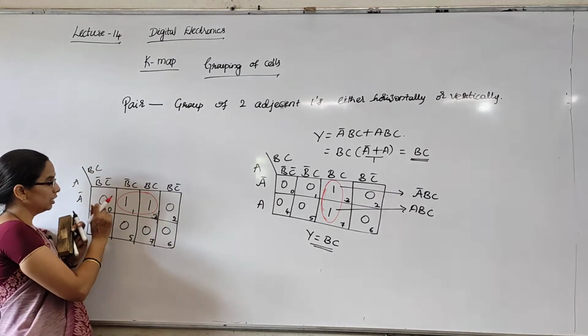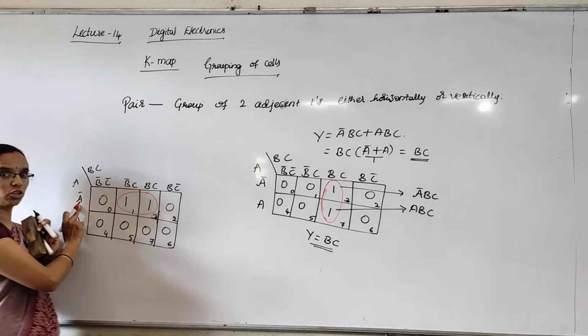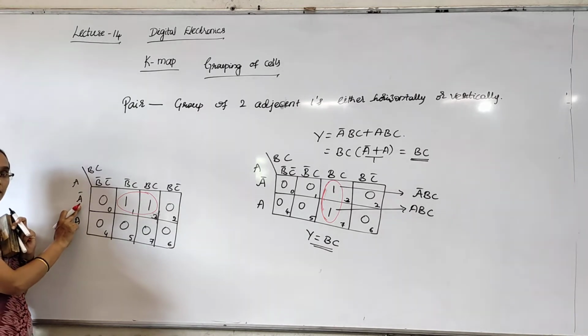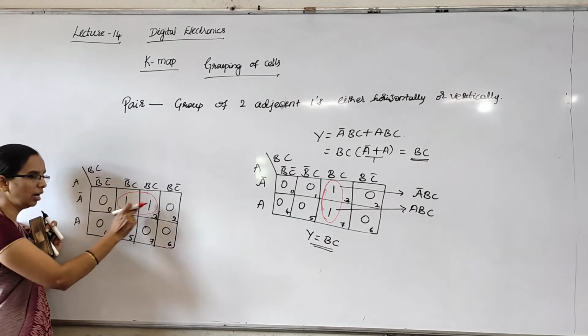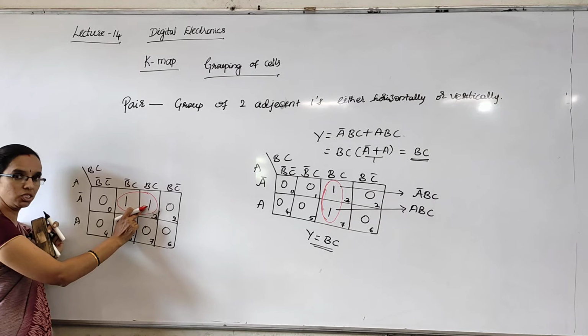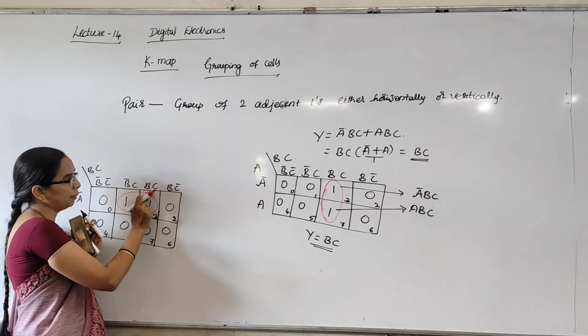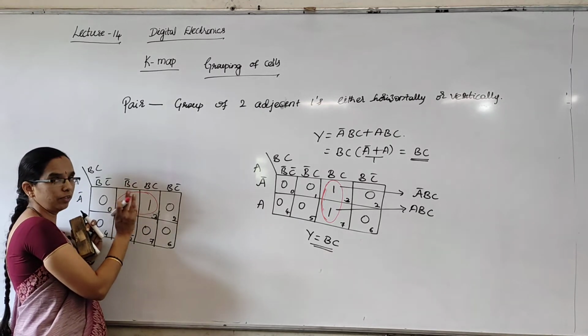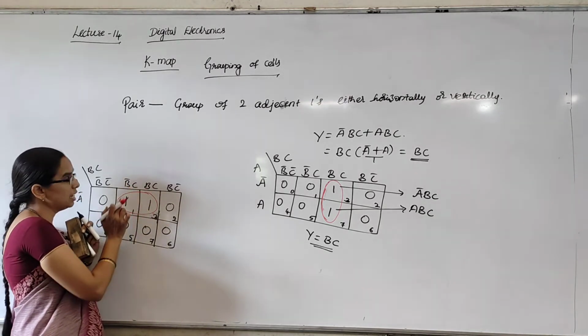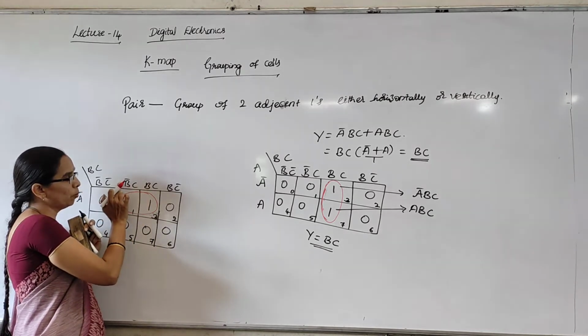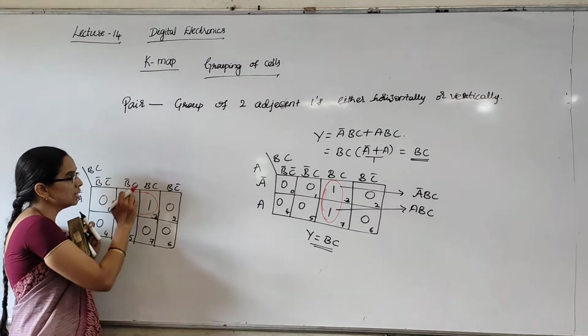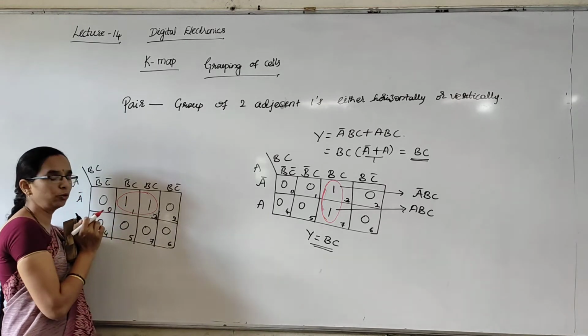Here in this row, A bar is common. A bar is the same for this one and also this one. It is not changing. A bar is common between these two ones, but B bar C and BC, it is covering two rows. In that, B is changing from complement to uncomplement. We will leave that. C is common between both the ones.